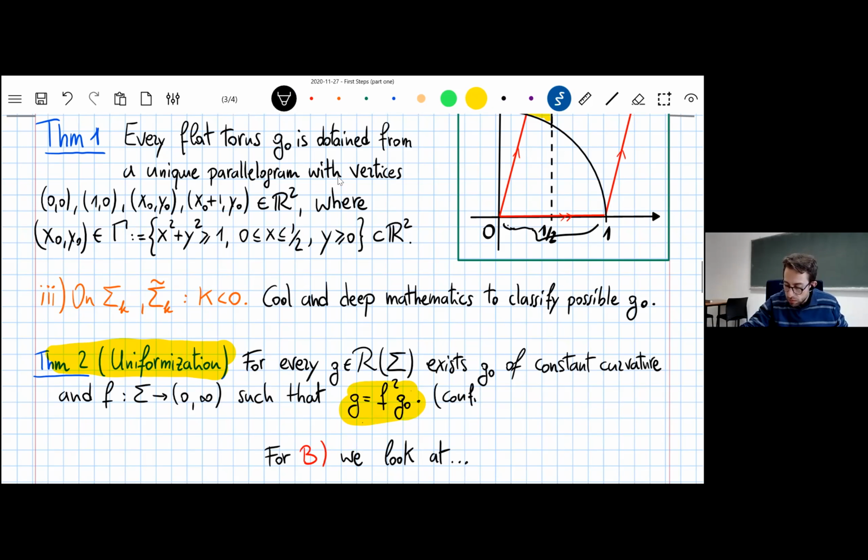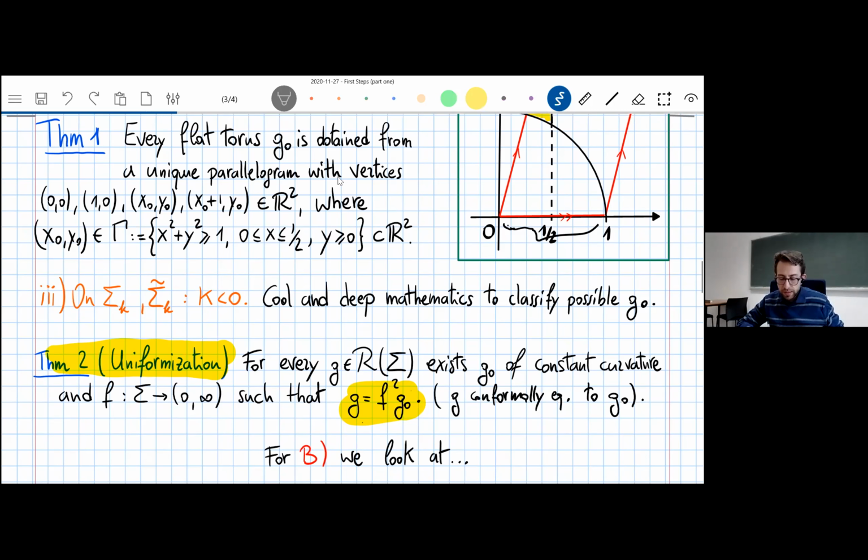And this is also the same as saying that G is conformally equivalent to G0, meaning that they give you the same angles, but not the same lengths. Okay, and this is a very short introduction to how constant curvature metrics can help us classify general metrics. So here we see that we just need to know a function to know the metric.